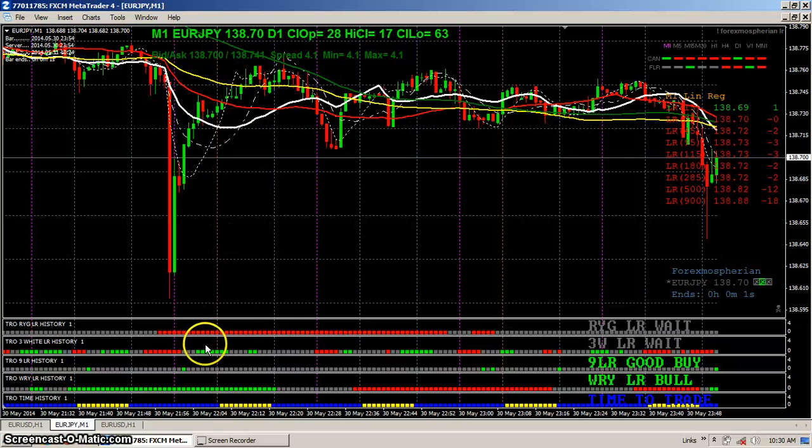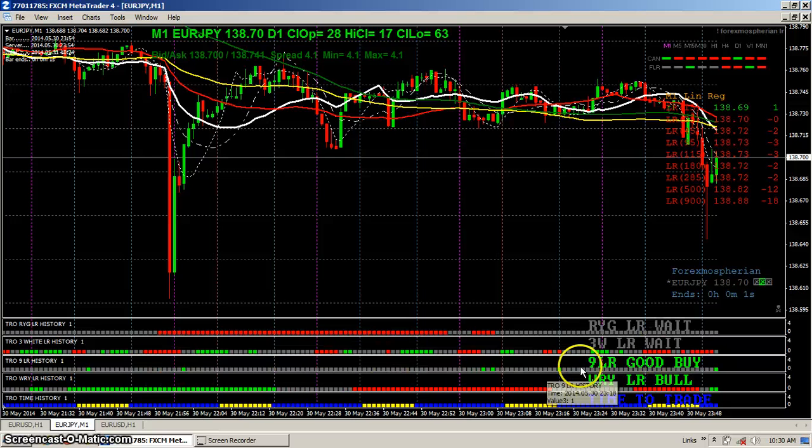Okay, so right here, if the three whites are under the price, you can see once again it lit up as a buy. And then you can see if the three whites are actually over the price, it lights up as a sell.